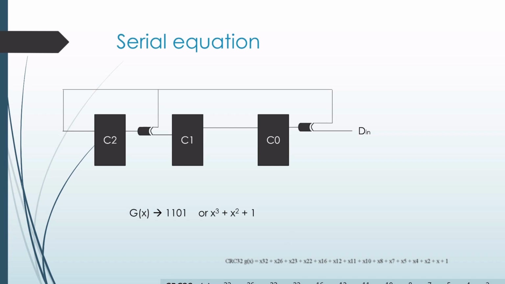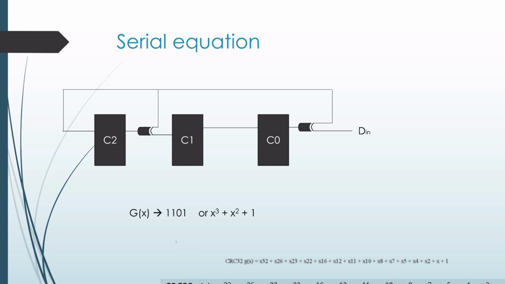Whatever comes into bit 23 would have an XOR of 1, right? Why is that? Because if you look at this, this is bit 2, 1, 0. And so whatever is coming into 2 is XORed with 1. Whatever is coming into bit 0 is XORed with 1. So follow the same approach. Whatever is coming into C26 would have an XOR of 1. Whatever is coming to C23 would have an XOR of 1, and so on and so on.